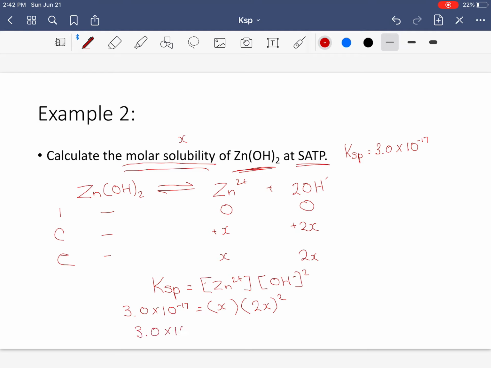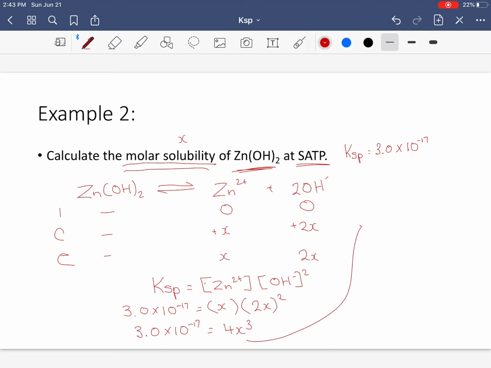Oh my goodness. Is this going to lead me to a cube root? I don't like cube root. 4x squared... 3. Yeah, this is going to lead me to a cube root. My goodness.